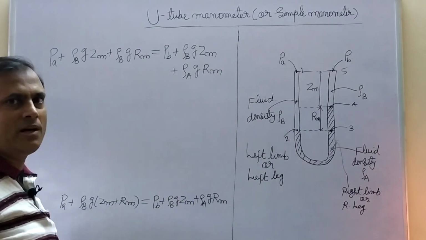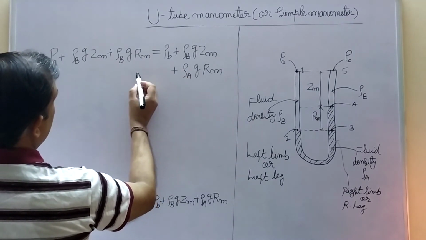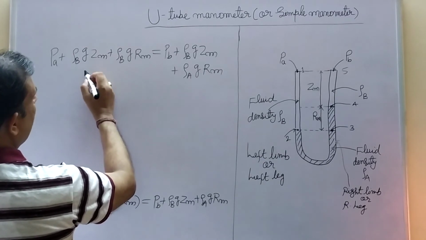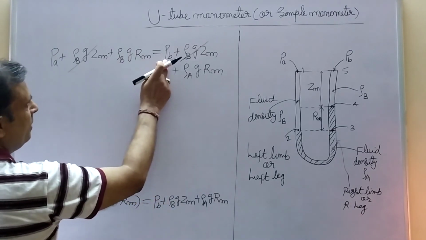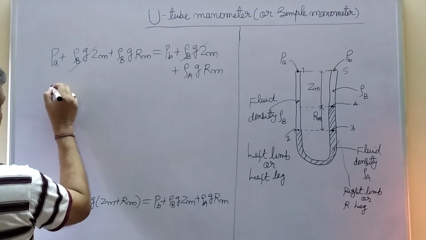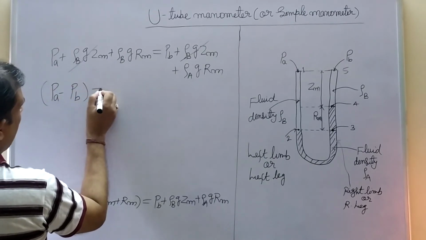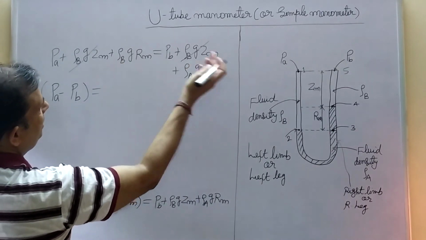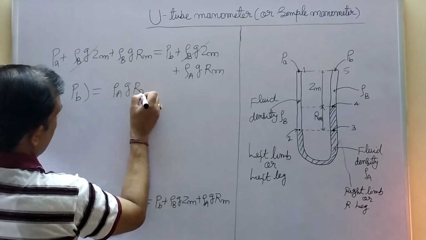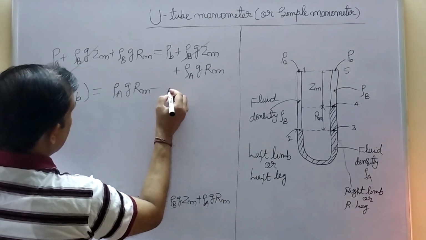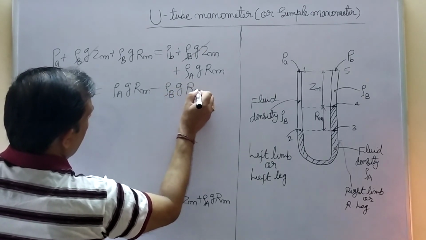So some terms will cancel out. Which term is common on both sides? Rho B g Zm. So this rho B g Zm will cancel out. And this PB will come to the left side, so it will be PA minus PB equals, this will go to the right-hand side, rho A g Rm, minus, this will come to this side, rho B g Rm.